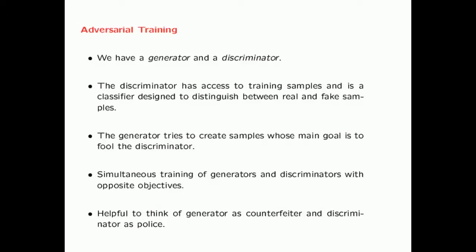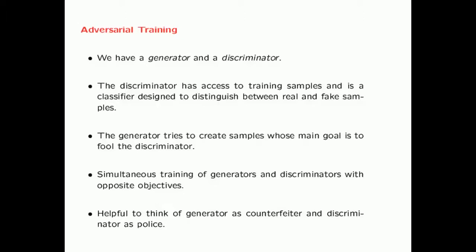The discriminator has access to training samples and is a classifier to distinguish between real and fake samples. The generator tries to create samples whose main goal is to fool the discriminator. That means that the generator tries to create samples that are as realistic as possible so that the classifier cannot distinguish between the real and the fake samples.